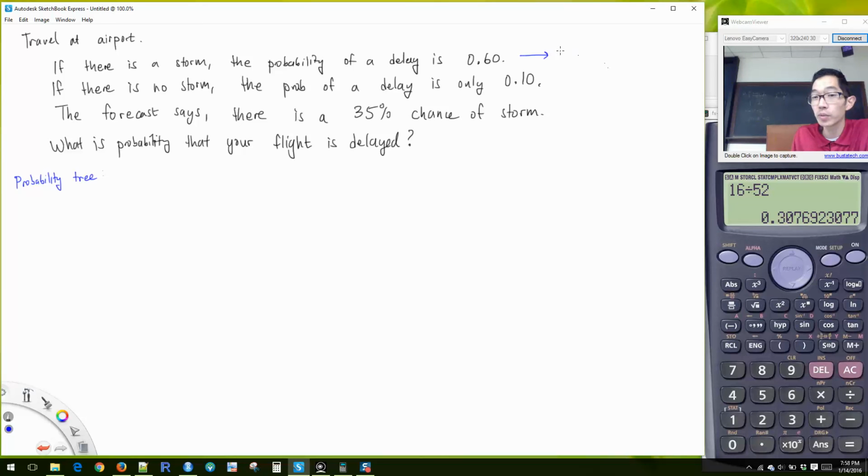This quantity would be the probability of a delay given, vertical bar, storm. So this is the probability that a delay happens given, or if it is known, that a storm has happened or happens.